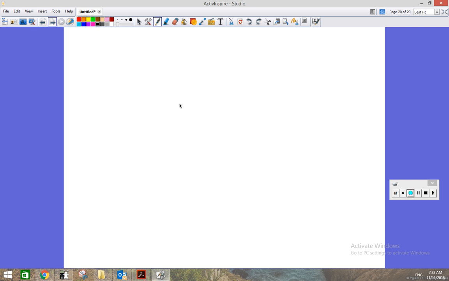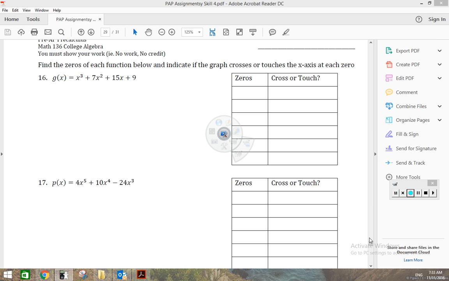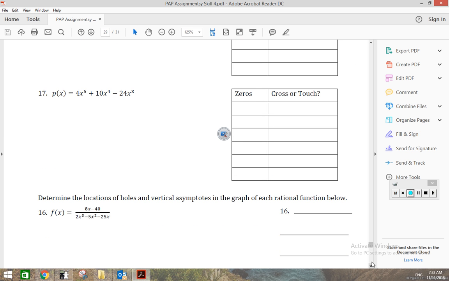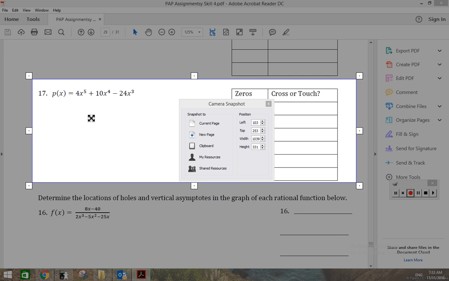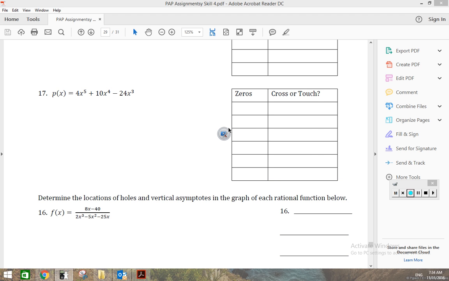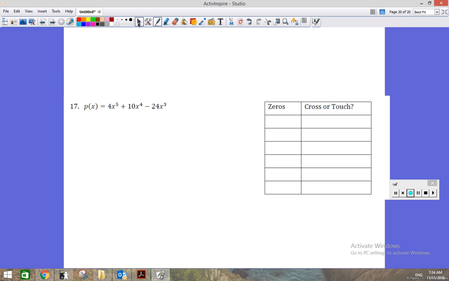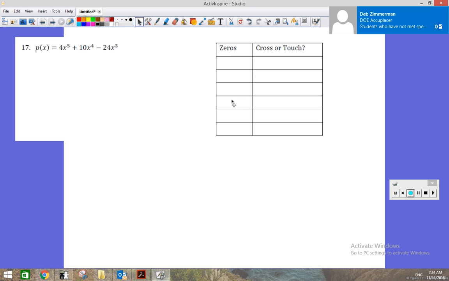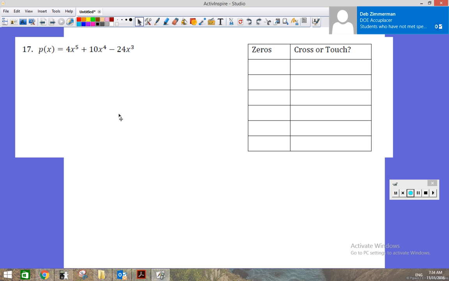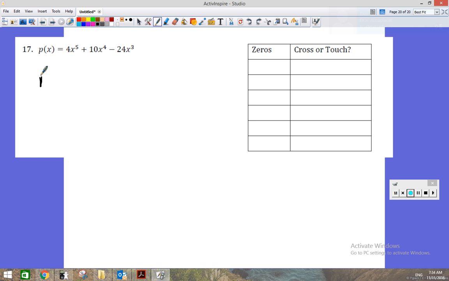Alright, so let's see. Now this time I see that I have a greatest common factor, and I always want to start with that.